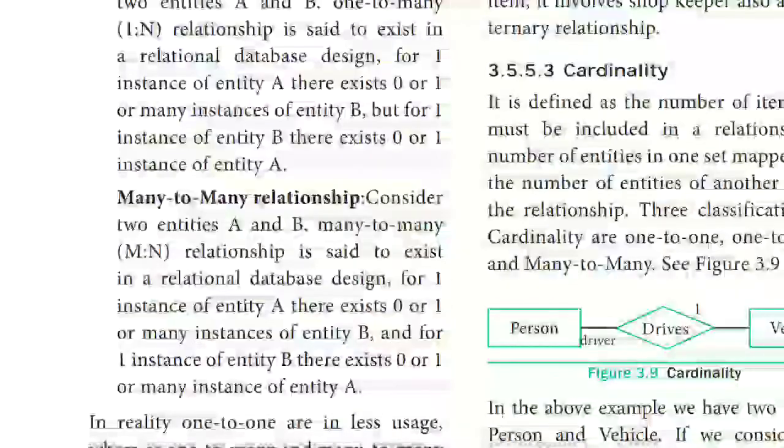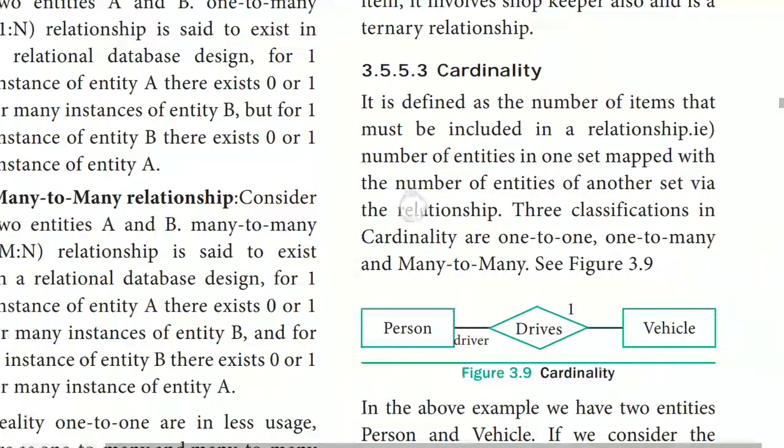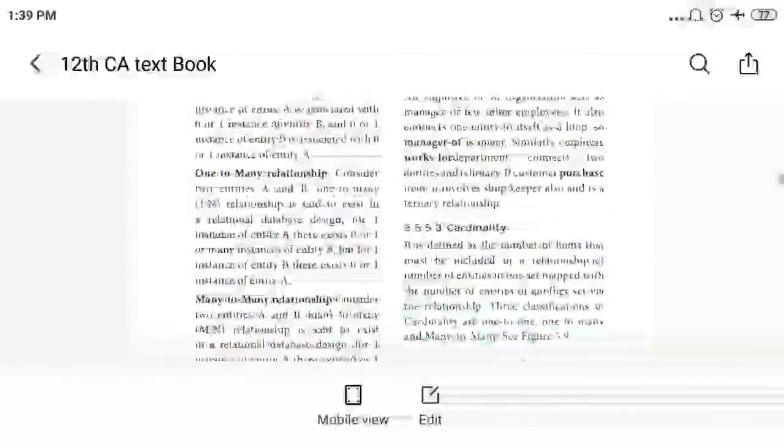Many to many means many entities will be connected to many other entities. That is known as many to many relationship. All these things are given in this diagram.